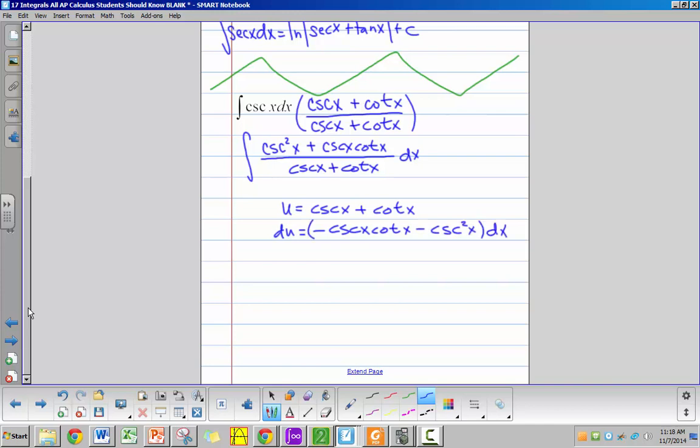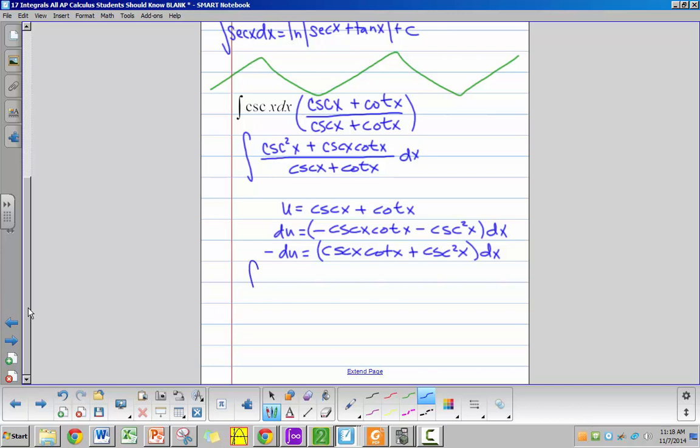And so I see that I have the negative of that, so negative du equals cosecant x cotangent x plus cosecant squared x dx, and that's a straight up substitution.